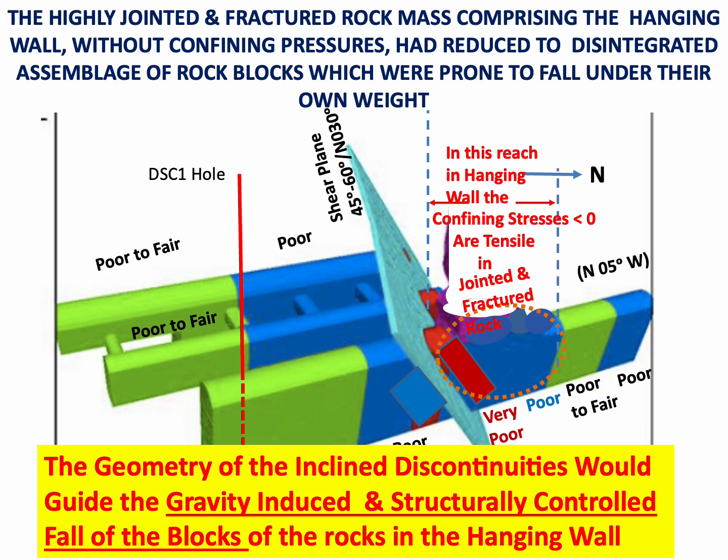In such a situation, the geometry of the hanging wall and the geometry of the inclined discontinuities would guide the gravity induced and structurally controlled fall of the rock blocks lying in the hanging wall.